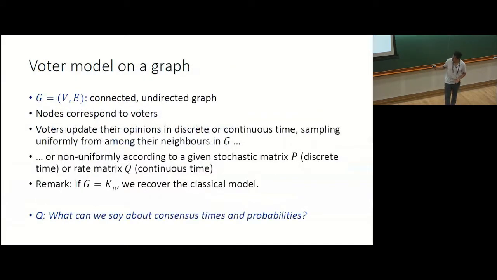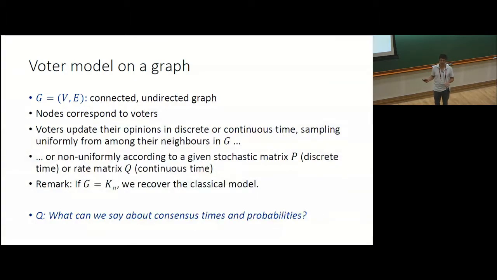Okay, and then we'll move on to also looking at the voter model, not on the complete graph, but on arbitrary connected, undirected graphs G. So now the nodes of this graph again correspond to the voters. And so now how do they update their opinions? Earlier you were sampling uniformly at random from everybody in the population.